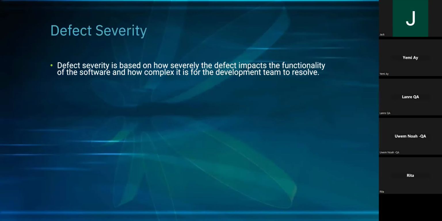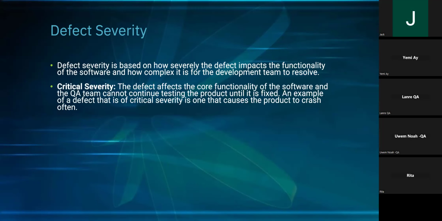Defect severity is based on how severely the defect impacts the functionality of the software and how complex it is for the development team to resolve. One is the critical severity. The defect affects the core functionality of the software, and the QA team cannot continue testing the product until it is fixed.